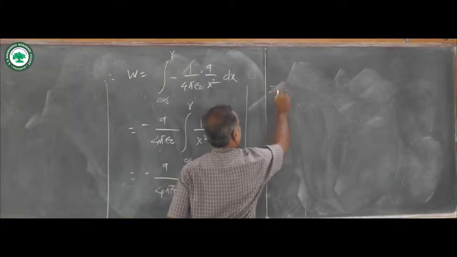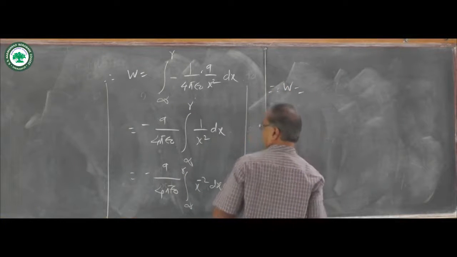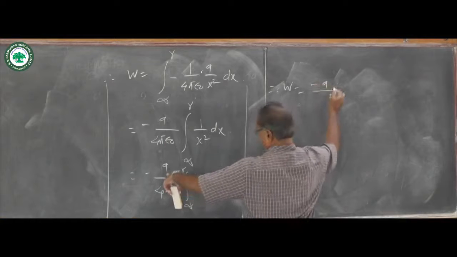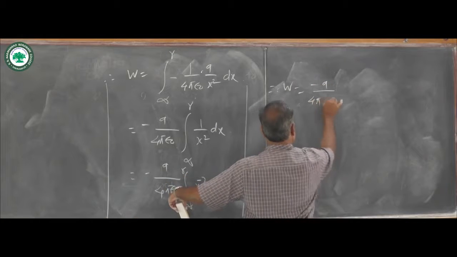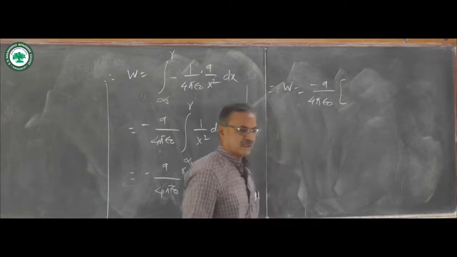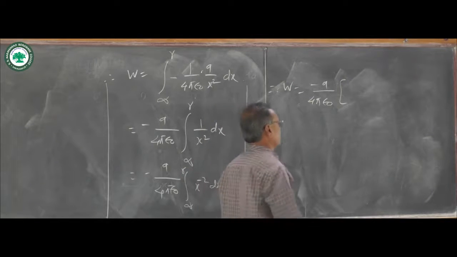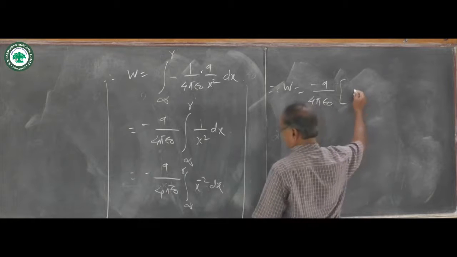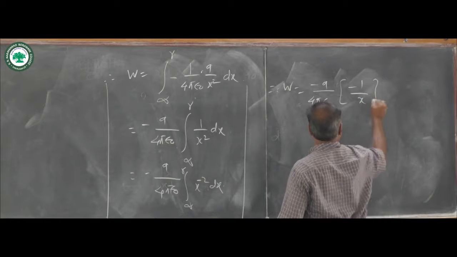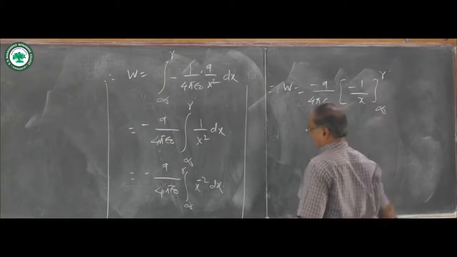So work W is equal to minus q by 4 pi epsilon naught times the integration of x raised to minus 2, which is x raised to minus 1 upon minus 1, so minus 1 by x, with limits infinity to r.